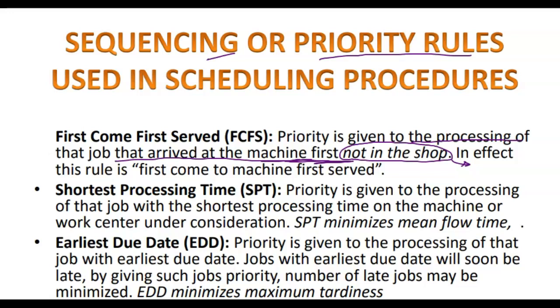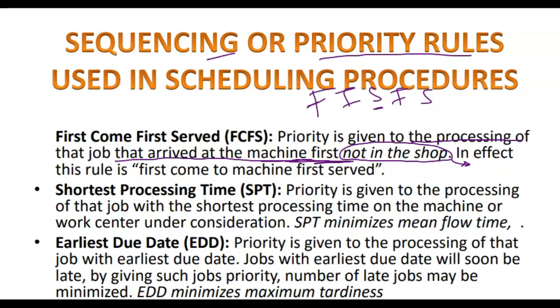Another thing for first come first serve, it can be first in system, first served. If this is your priority, that means you are giving priority to the job that got to your shop first. The job that arrived at your shop first, that will be first in system, first served.